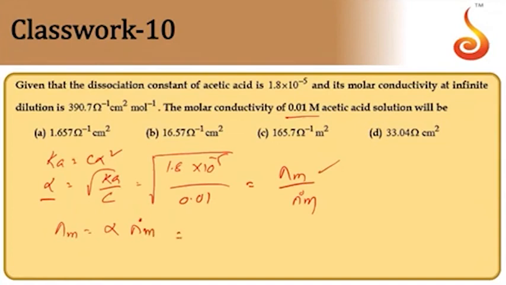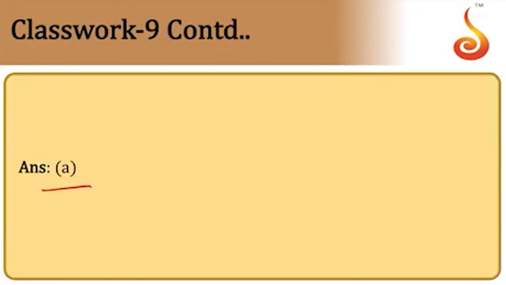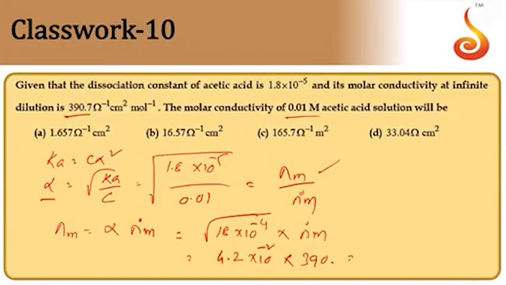On simplification, the square root is 18 into 10 to the power of minus 4, into lambda naught molar, which is given as 390.7. Finally it comes to 4.2 into 10 to the power of minus 2 into 390.7. On simplification, the value comes to 16.57. So the answer must be B. B is the answer.